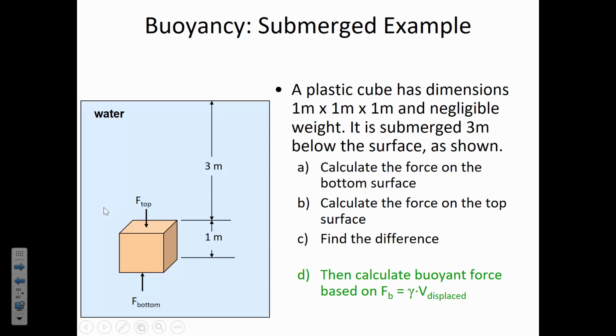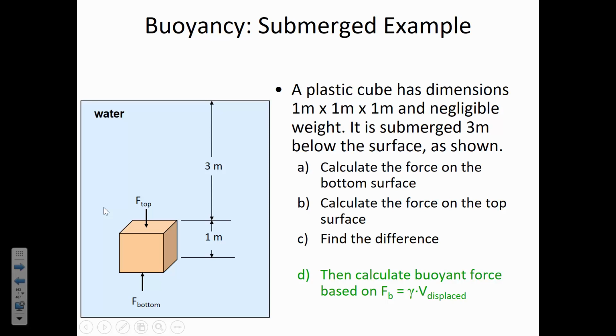Okay, so first of all, part A, we need to know the force on the bottom. So F bottom is going to be the pressure at some depth multiplied by the area.